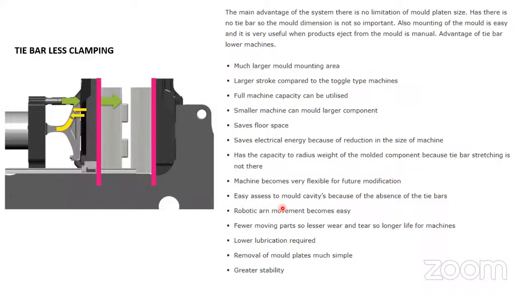Easy access to mold cavities because of the absence of the toggle. Robotic arm movement becomes easy, very easy. Fewer moving parts, so lesser wear and tear, so longer life for the machine. Lower lubrication required. Removal of mold plates is much simpler, with greater stability.